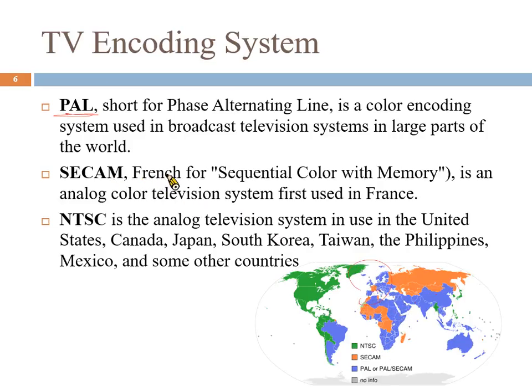And SECAM, which is French for sequential color with memory, is an analog color television system first used in France, and it is also used in Russia and a part of Africa. And NTSC is the analog TV system used in United States, Canada, Japan, South Korea, Taiwan, the Philippines, and Mexico.